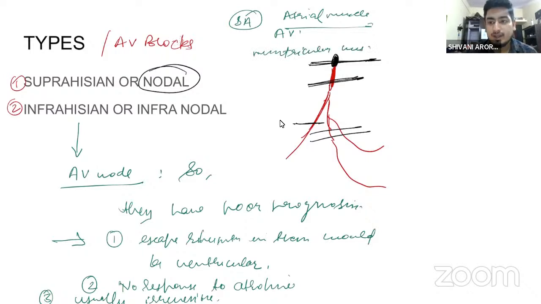Since we don't have muscarinic receptors on ventricular musculature, that's why atropine doesn't act on infranodal blocks. Okay? So mostly the infranodal or infrahisian blocks have ventricular escape rhythm. So most of the time the patient is hemodynamically unstable in them. So they are more dangerous, and also they don't respond to atropine. Clear?